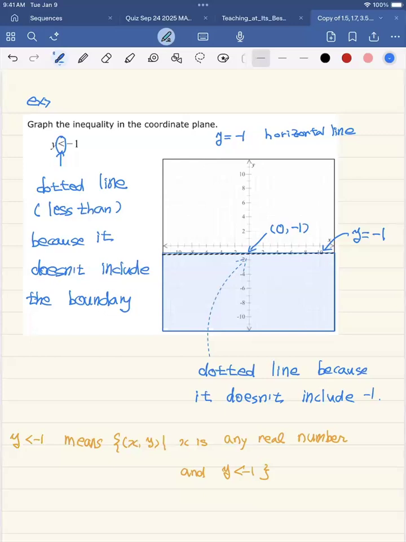Therefore, we have to mark it with a dotted line. As long as the y value is less than negative 1, no matter what the x values are, that will be part of the solution. So it will contain all the lower part of the horizontal line.